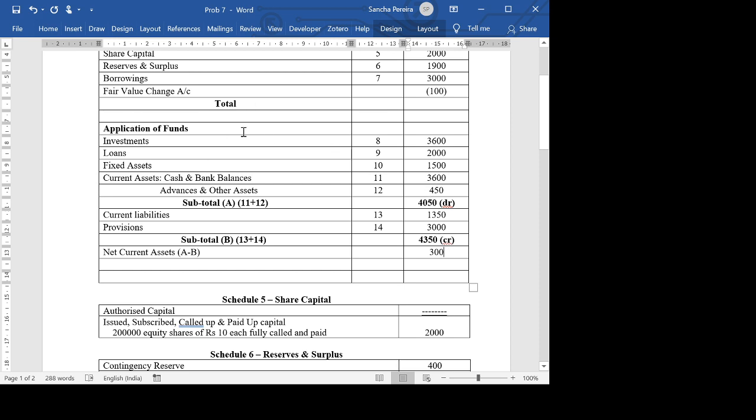And here when we're talking about this application of funds, all these are debit balances because they are all assets. Investments, loans, fixed assets, they are all debit balances. So if I show this just like this, it's basically a credit balance. How do I know it's a credit balance?